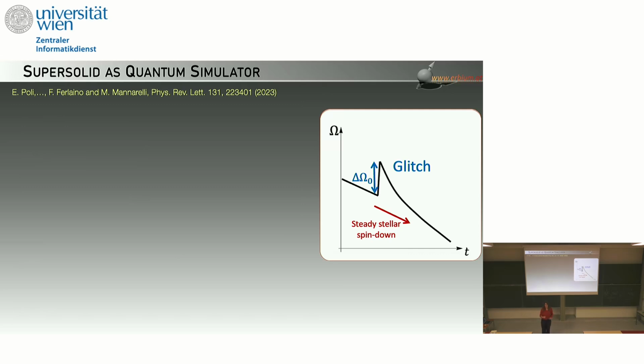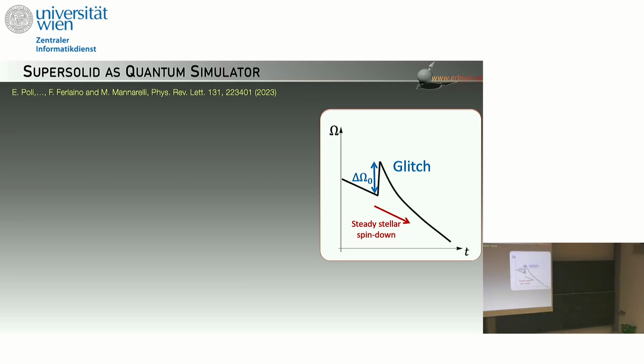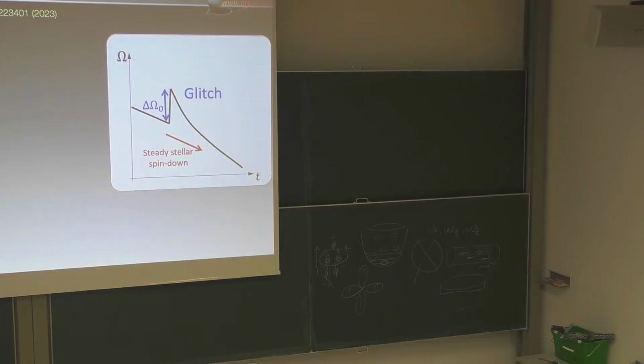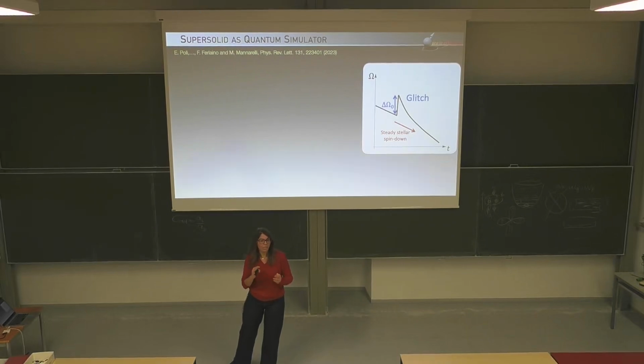I have magnified this effect enormously: typically it slows down, and sometimes there is an increase, a spin up. These are called neutron star glitches. Typically this jump, delta omega, is extremely tiny, going from 10 to the minus 3 to 10 to the minus 5 in relative units.